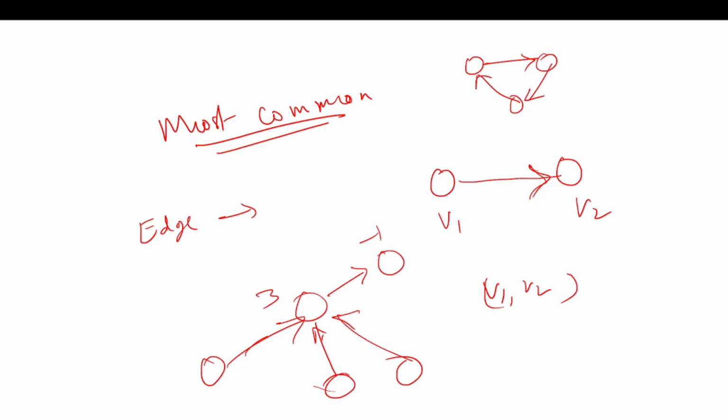A cycle is a path that starts and ends at the same vertex. You can choose any of the vertices and say whether this is cyclic or not. A simple path is a path having distinct vertices, so in a simple path we have distinct vertices.